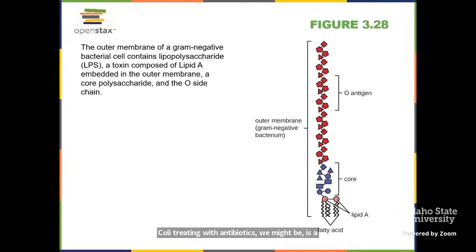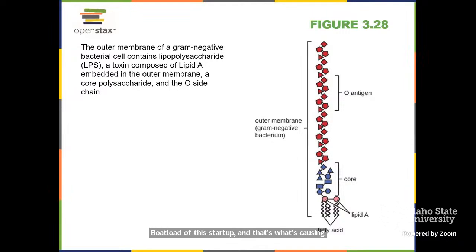Treating with antibiotics, we might think is a great idea for everything. Just try to kill these bacteria. But when it comes to some of these circumstances, like maybe E. coli, that might not be the best idea, because if we are killing the bacteria, we are potentially causing greater issues. We release a tremendous amount of these antigens, the lipid A and the O antigen. As that bacterium is being destroyed, it releases a boatload of this stuff, and that's what's causing some of the ill effects.